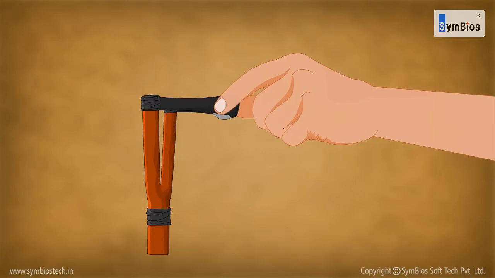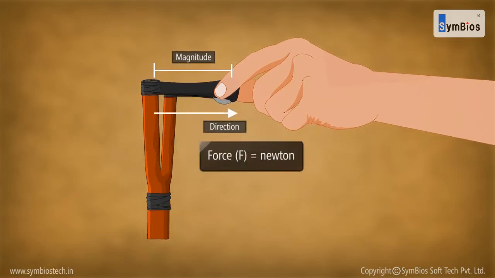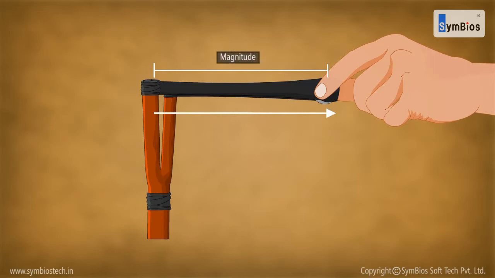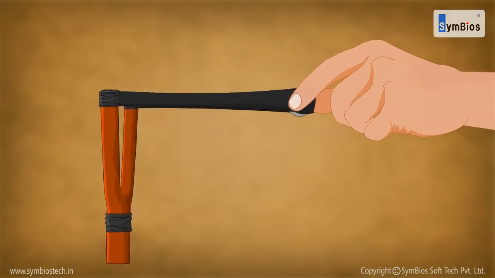Force is a vector quantity as it has magnitude as well as direction. Force is measured with the SI unit of Newton and represented by the symbol F. The length of the arrow represents magnitude and the head of the arrow represents the direction of the force.